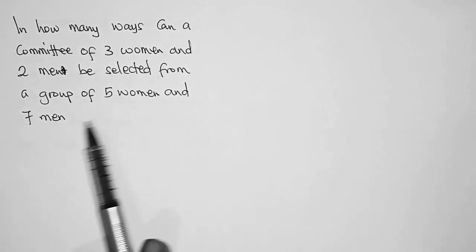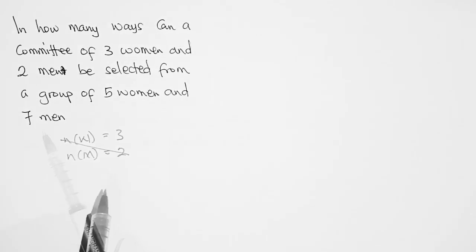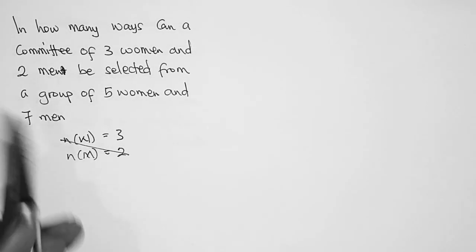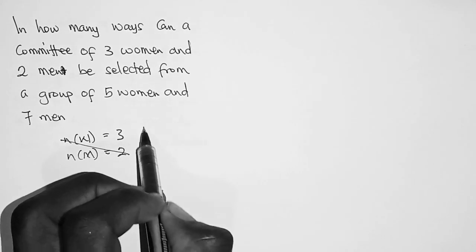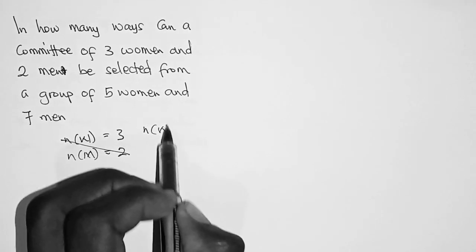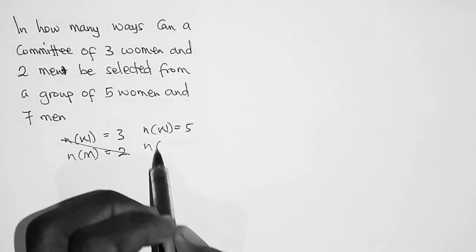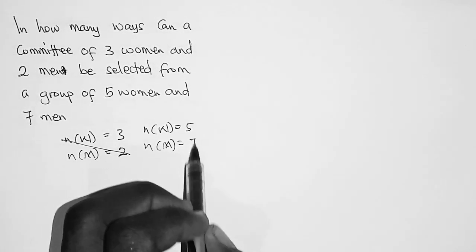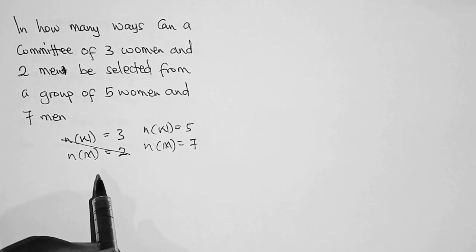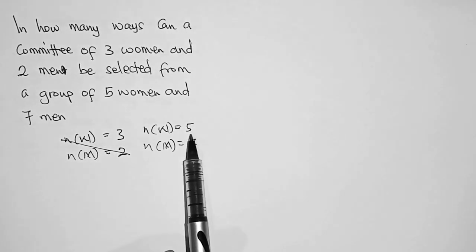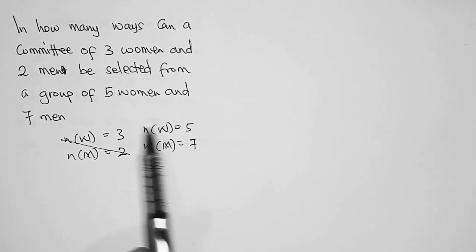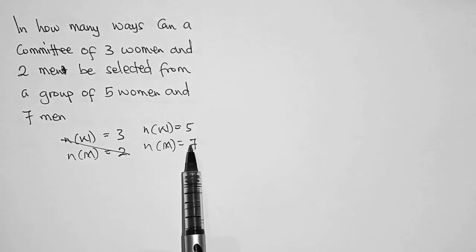In how many ways can a committee of 3 women and 2 men be selected from a group of 5 women and 7 men? So the committee is made up of 5 women, so the number of women is equal to 5, and then 7 men, so the number of men is equal to 7. However, we are supposed to select 3 women from 5 women and then 2 men from 7 men.